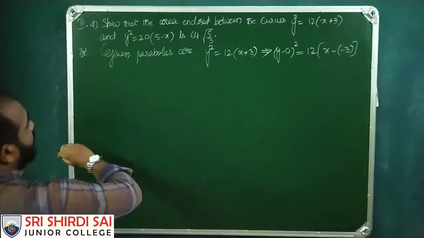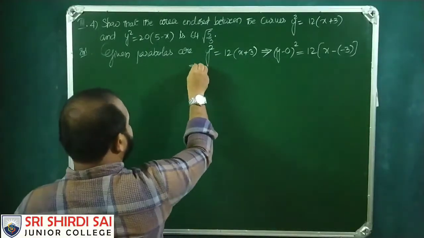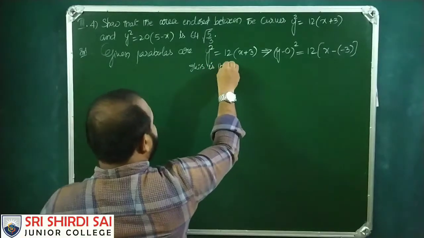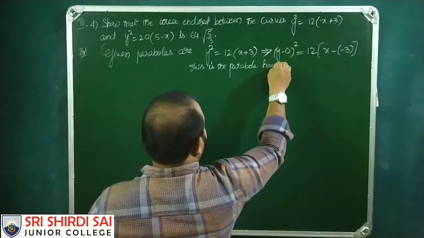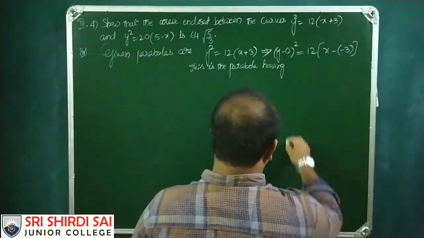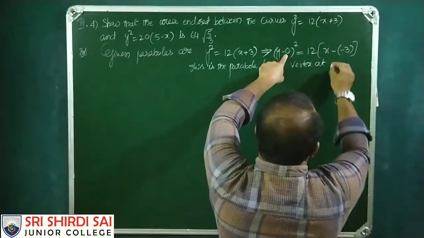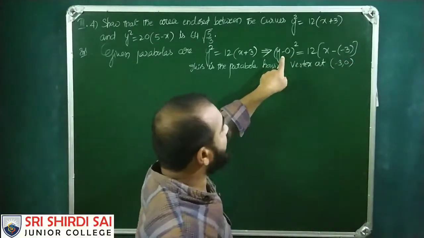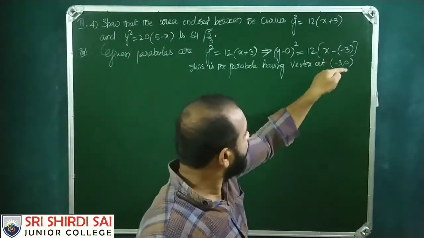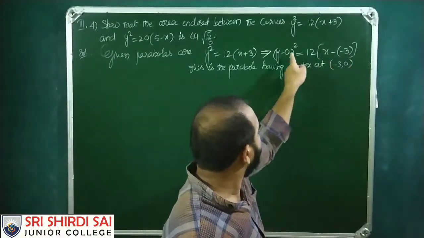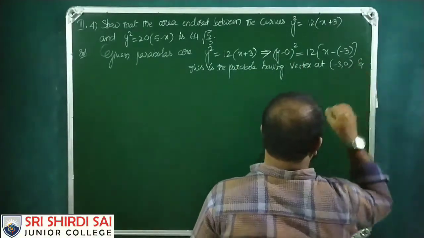Therefore, this is the parabola having vertex at minus 3 comma 0, because it can be compared with y minus k whole square equals 4a into x minus h. Therefore h comma k is minus 3 comma 0. This is a parabola having vertex at minus 3 comma 0.